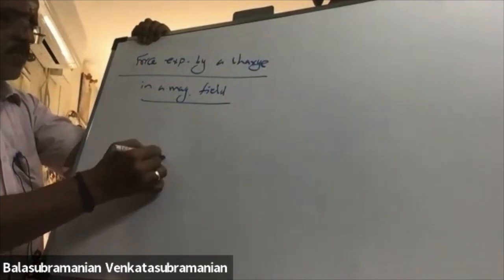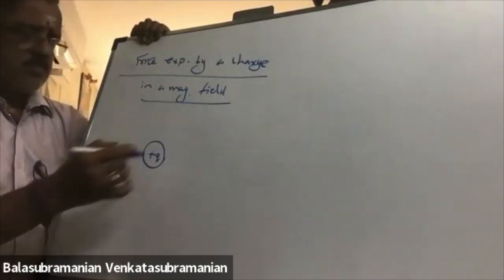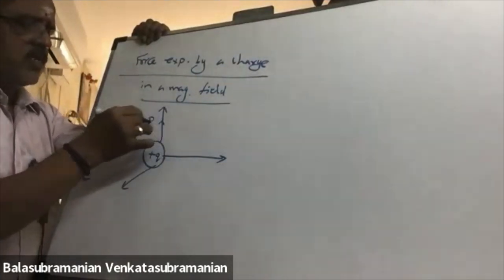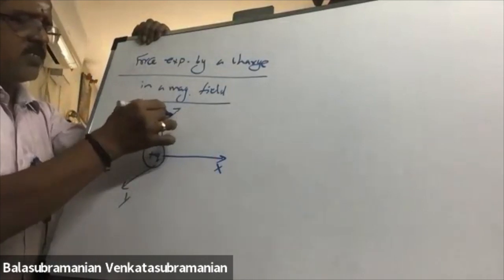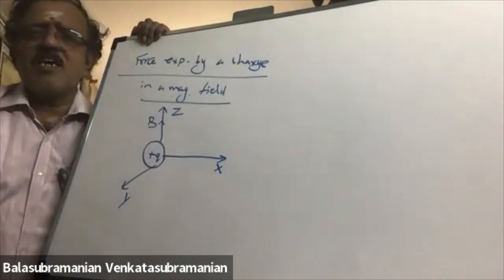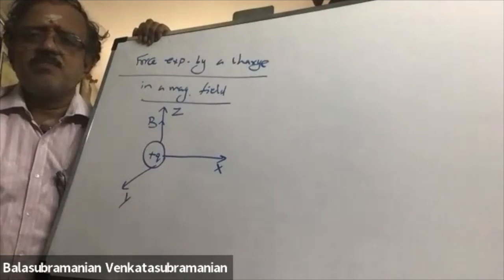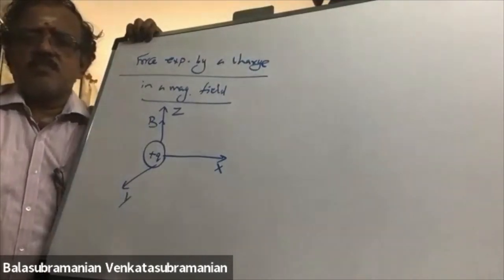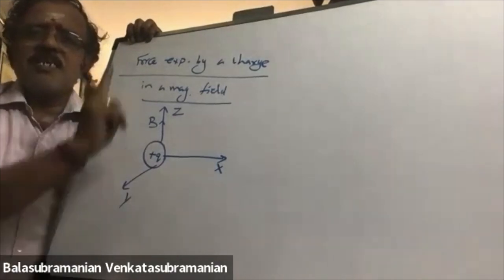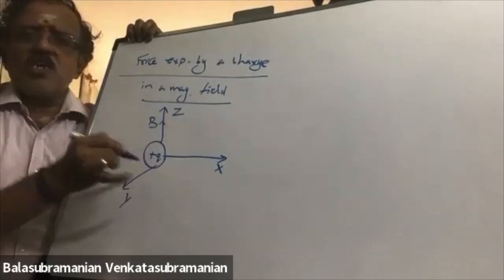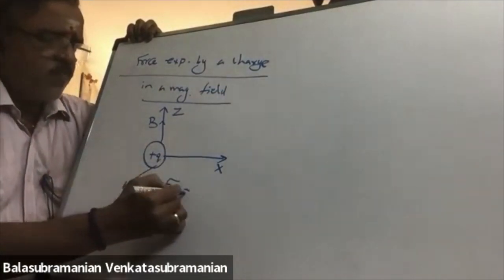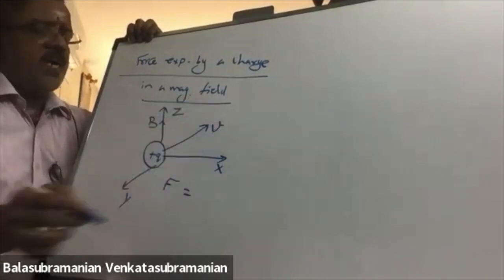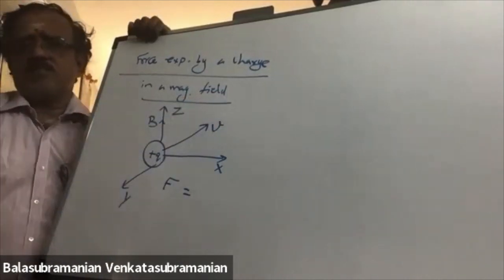I have a charge plus Q. You are keeping this charge in a magnetic field. This is X, Y, Z, all three mutually perpendicular axes. Magnetic induction B is along the Z direction. You are keeping a charge Q. Then this charge experiences a force. It is moving at a velocity V in the XZ plane.